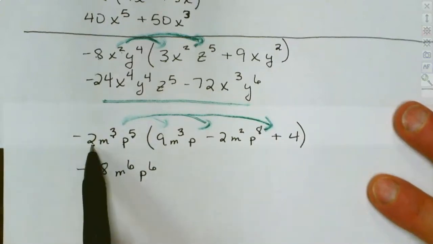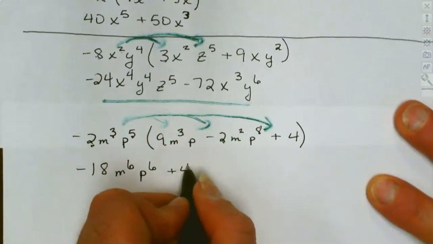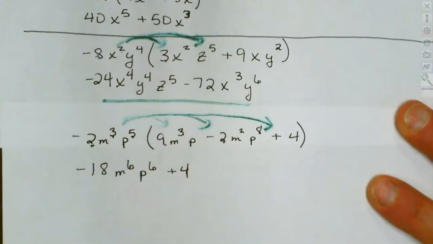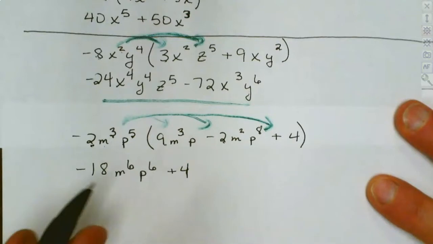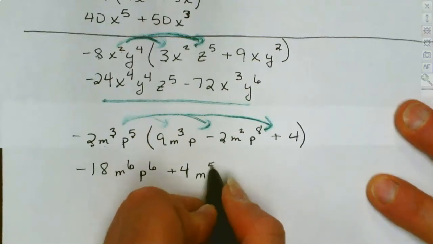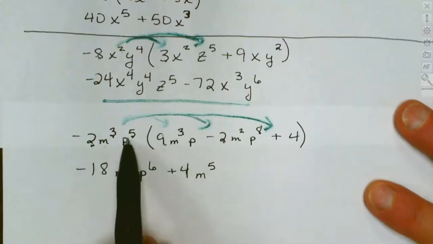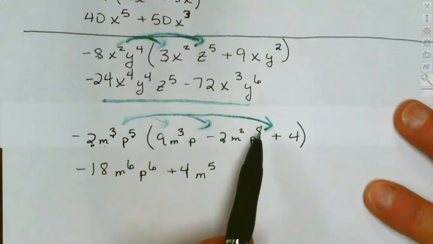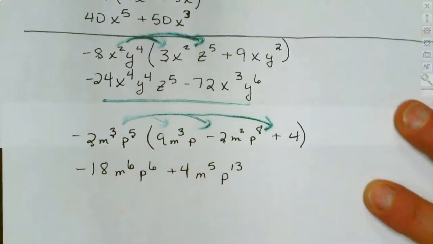Next, negative 2 times negative 2 makes it positive 4. M's, how many do we have? 3, and 2 more makes it m to the what? 5th power. What about the p's? How many of those do we have? 5, and 8 more makes it p to the 13th power. And what about the last piece here?